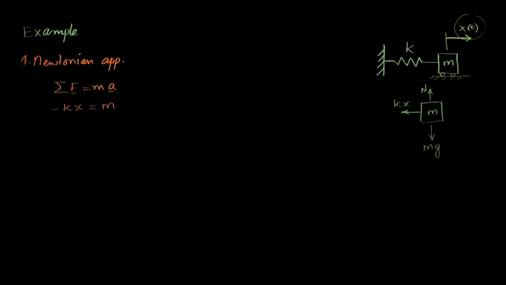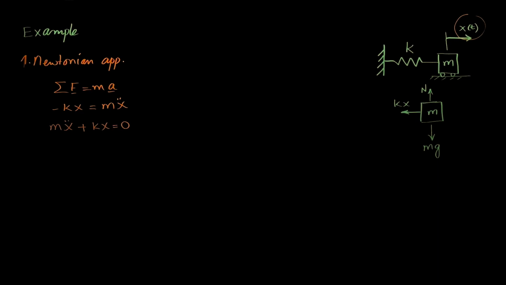The first derivative is velocity, the second derivative is acceleration. So I have x double dot for acceleration. And rearranging this equation with the variables all on one side, m x double dot plus kx equals 0, and this is the differential equation representing this simple mechanical system.